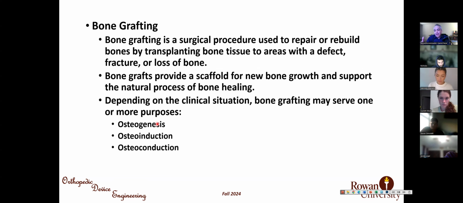Bone grafting means adding something to the fracture site, grafting bone. Adding something to the fracture site to stimulate the healing process. This can be taken from the patient's bones, or it can be taken from another person or another animal, or it can be synthesized in the lab.